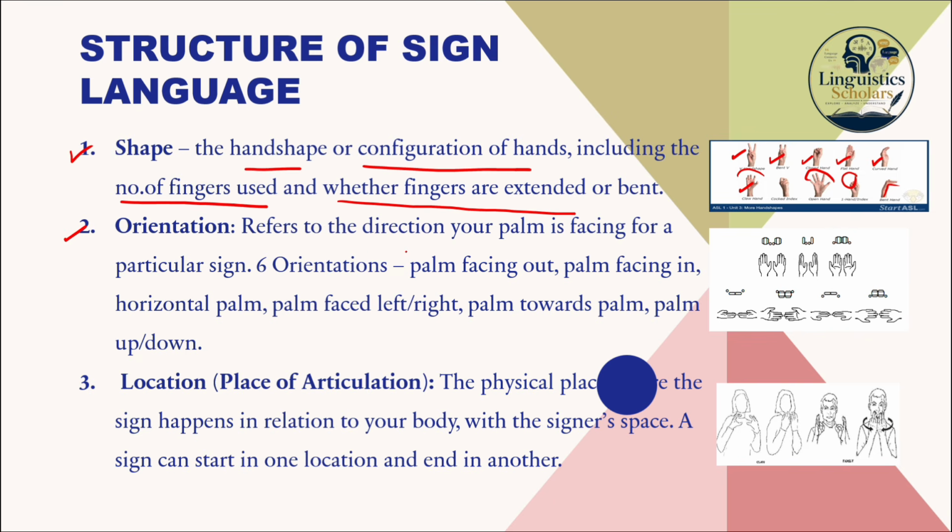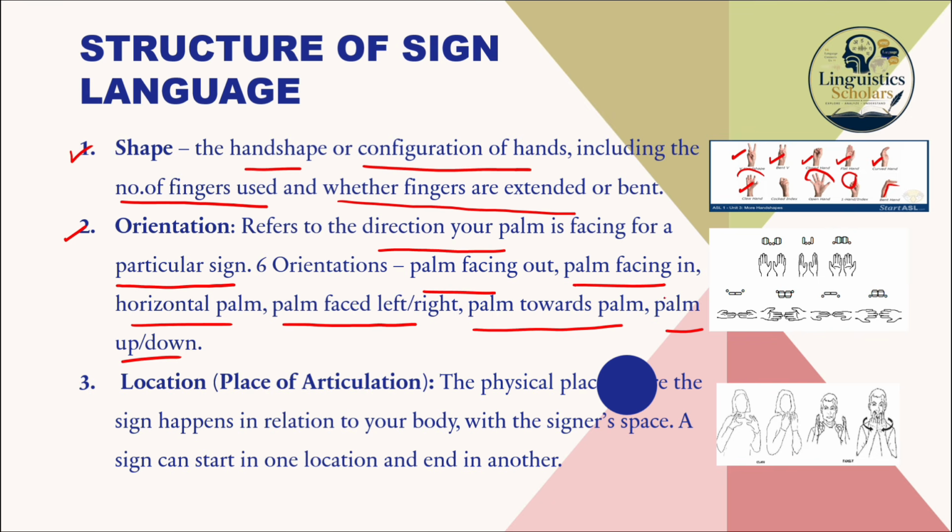And orientation. Orientation refers to the direction your palm is facing for a particular sign. To make a particular sign, you need to direct your palm. So there are 6 orientations of the palm: palm facing out, palm facing in, horizontal palm, palm facing left and right, palm down, and palm up.